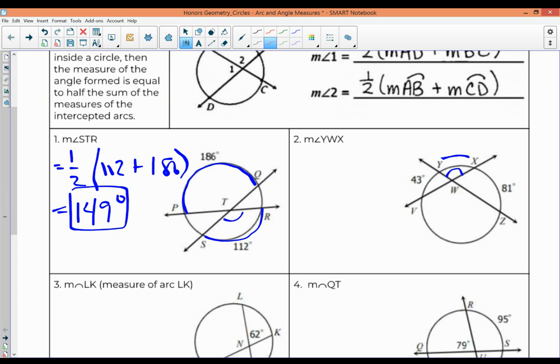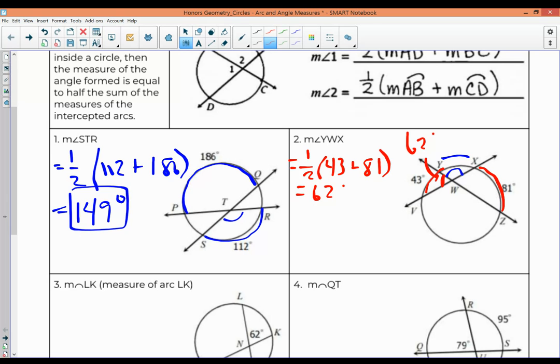But what we can do is find the measure of angle YWV by using these intercepting arcs. So that'll be half of 43 plus 81, which is 62 degrees. So right here, that would be 62 degrees.